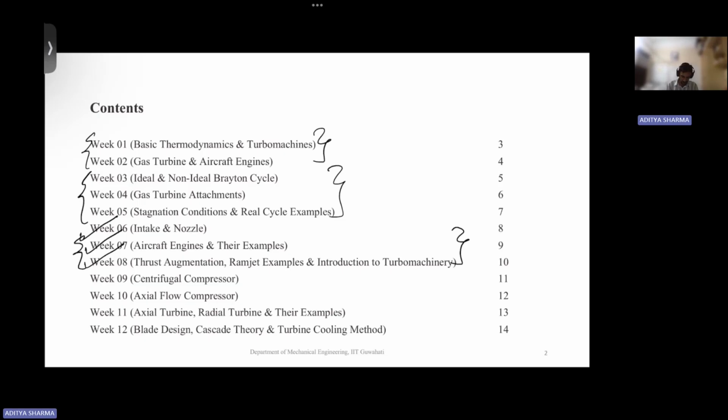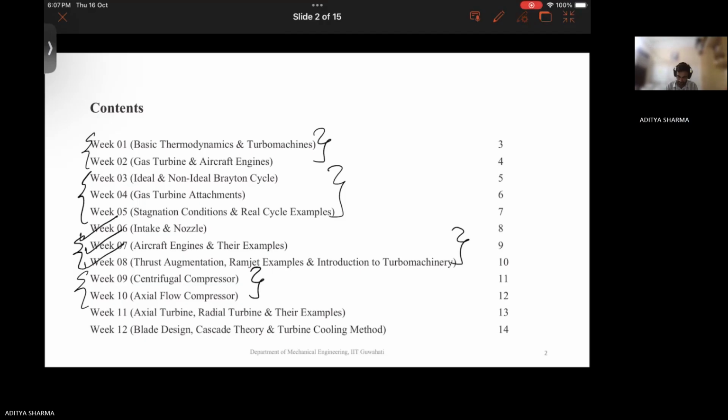Weeks 9 to 12 are about compressors and turbines.